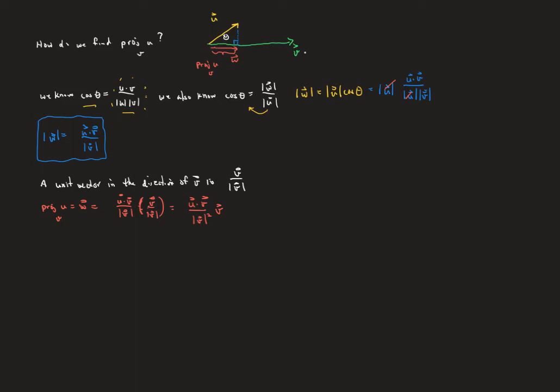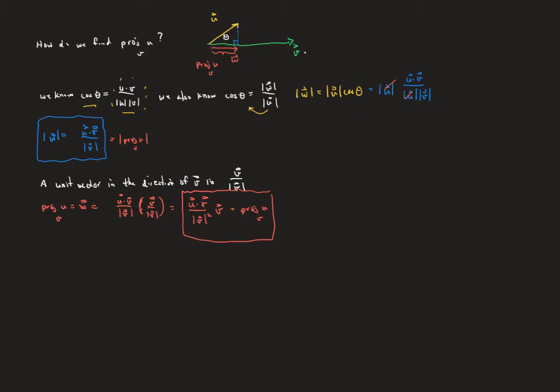So we see the magnitude of the projection vector of U onto V given by this blue expression, and our actual projection of U onto V, remember this is a vector, is given by this.